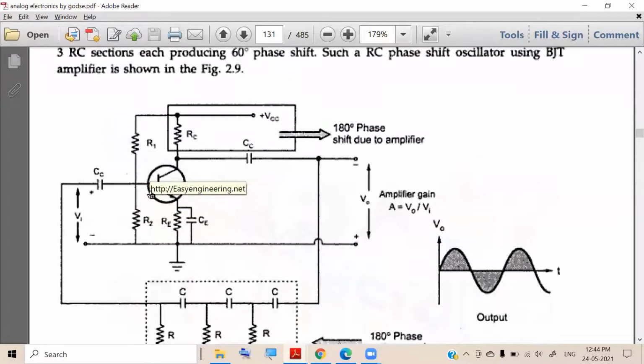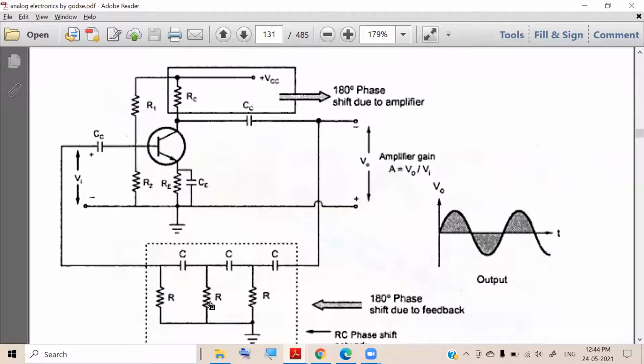Now again the same point: in Hartley, Colpitts or RC phase shift, the amplifier block always provides 180 degree phase shift. Means the three RC stages together should provide how much phase shift?